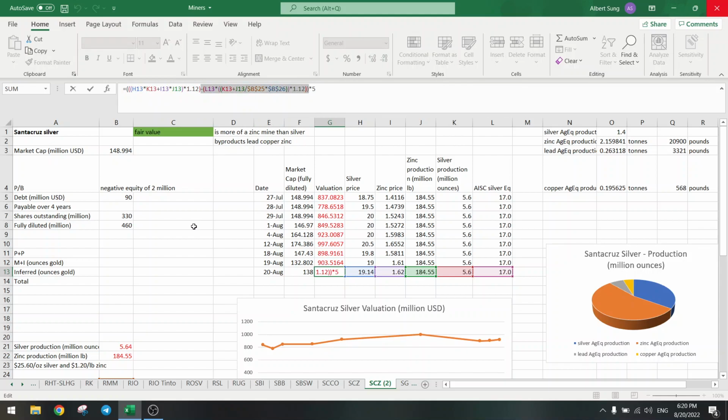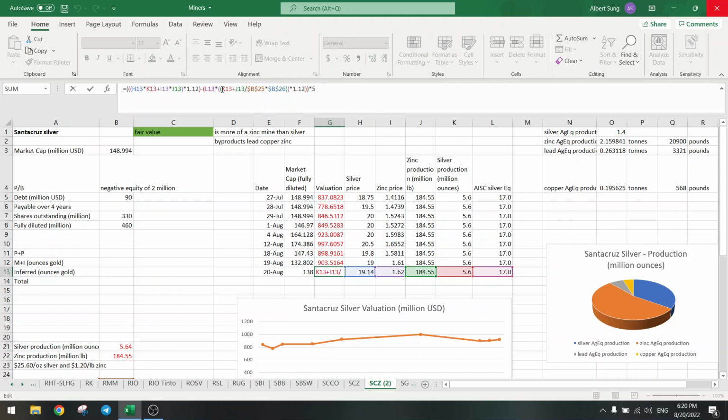And what are the costs? Cost is L13. So that's the AISC, right? Silver equivalent, which is 17, times the production.